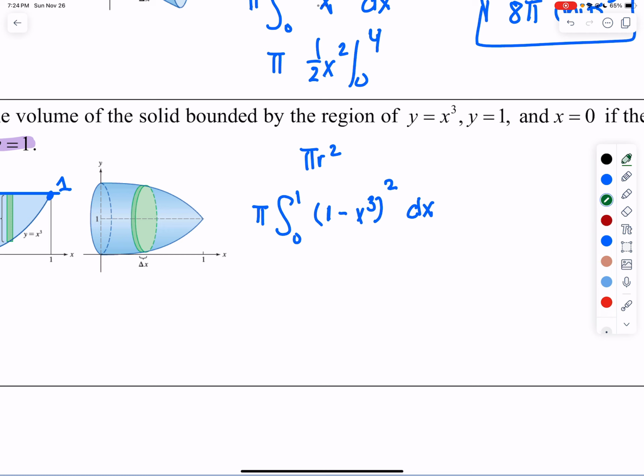Now, once you do that, you are going to go ahead and use your knowledge back in Math 1 to expand this. So you're going to get 1 minus 2x cubed plus x to the 6th, dx. And then once you do that, you are going to integrate it.